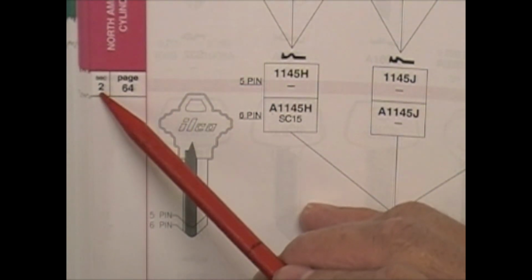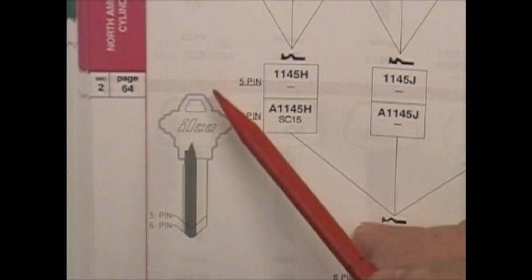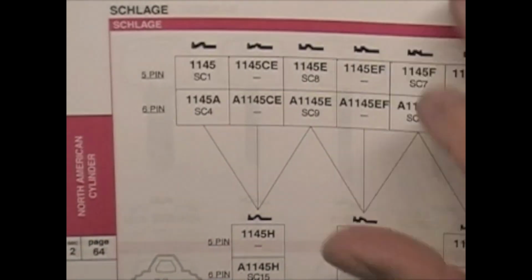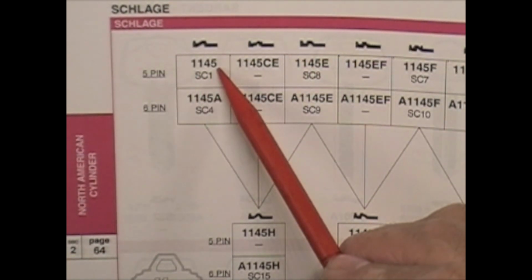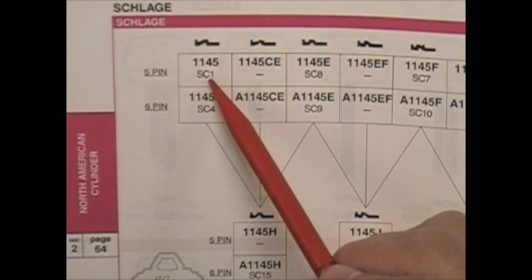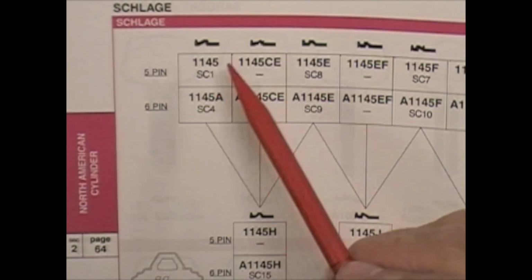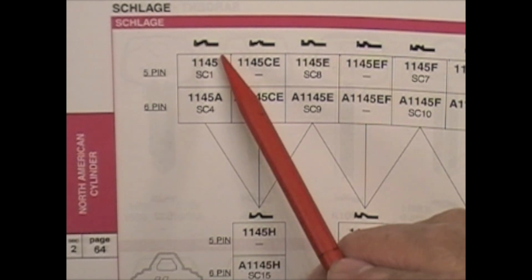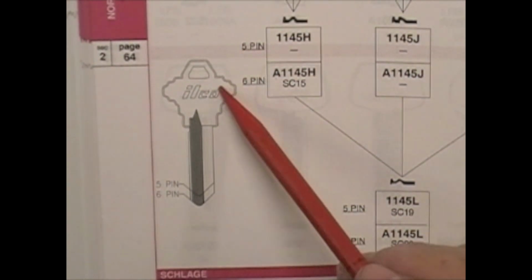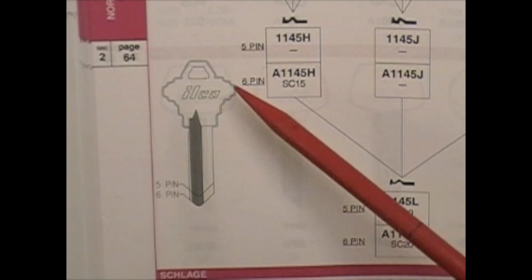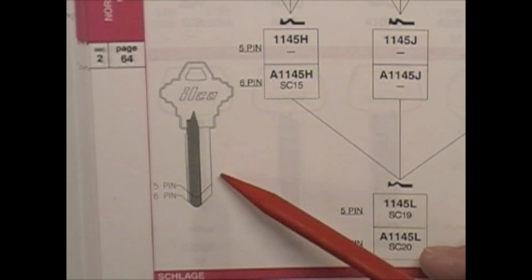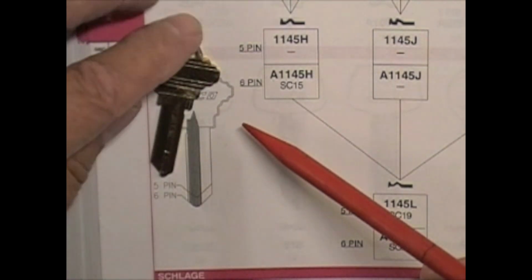As we can see here, Section 2, page 64, we have the Schlage key blank. At the top of the page, it shows us the ILCO number 1145 is the easy number SC1. It has the silhouette here of the profile of the key. Here's the actual drawing, and the drawings are actual size, so the key blank should fit right on top of this drawing.